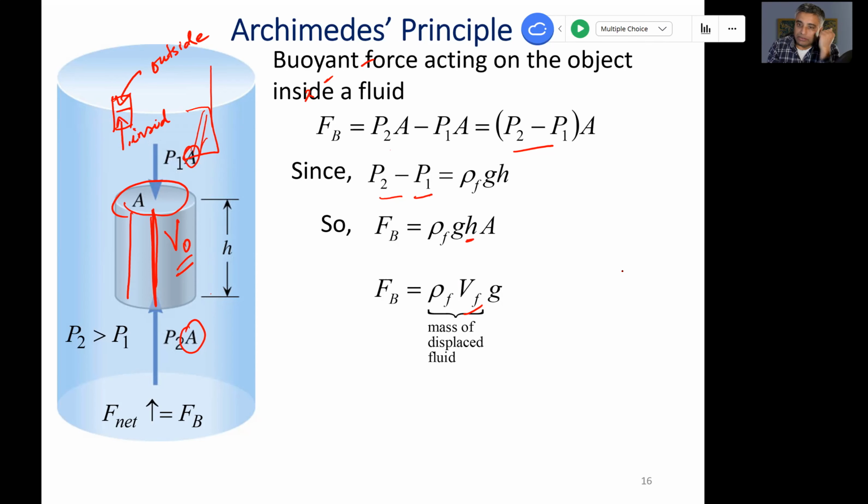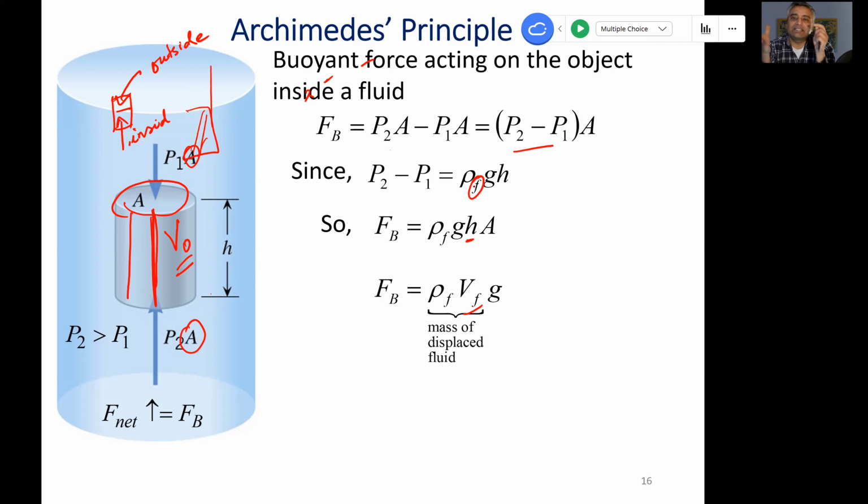Okay, so now how much is the net force? It depends on the density of the fluid, not the object here, okay? This is the density of fluid. Remember, that was this equation, this was the density of fluid. Since we have object and fluid, we are differentiating by writing subscript F. Here, the subscript F means the density of the fluid, not the density of the object that's inside the water.